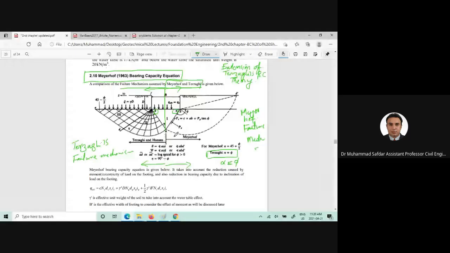However, in case of the Meyerhof bearing capacity derivation, we can clearly see that the alpha angle is 45 plus phi by 2. This is the angle which this elastic wedge is making with the horizontal surface.